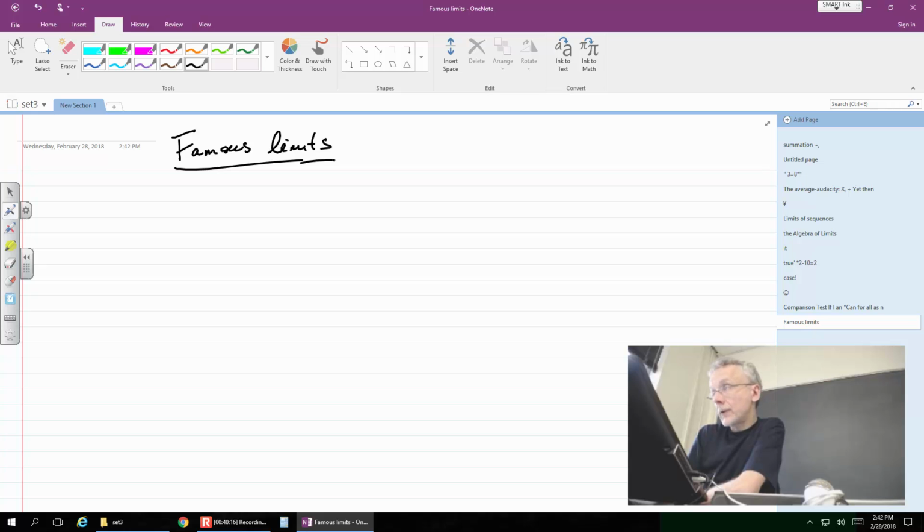We already had a few in the beginning, those specific sequences, but there are more, say the limit involving the sine. What is the famous limit about the sine? Sine x over x, x goes to 0. What is it?